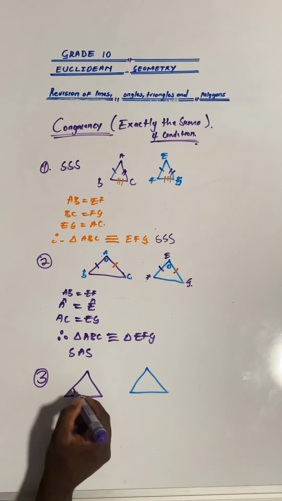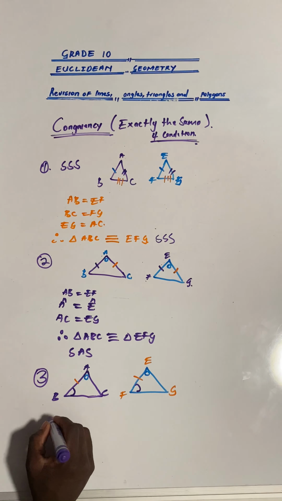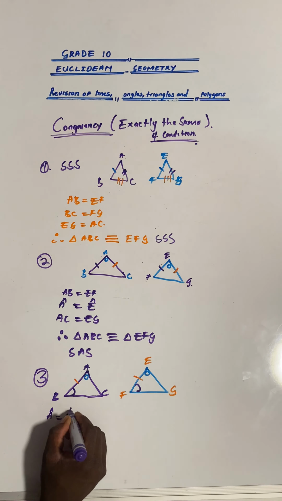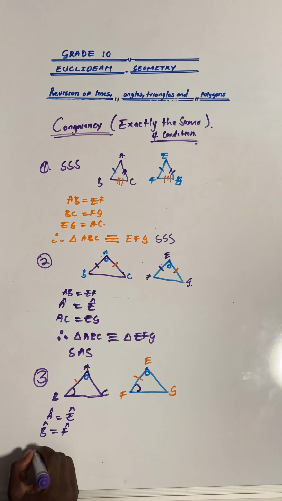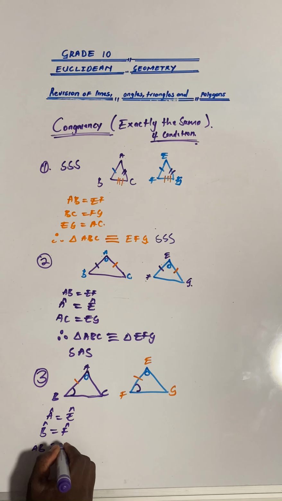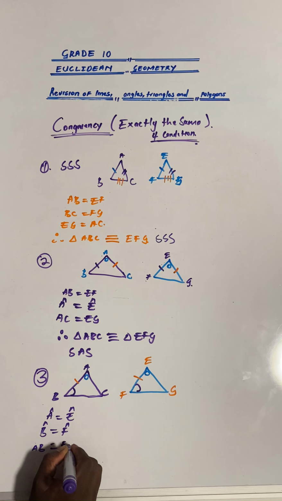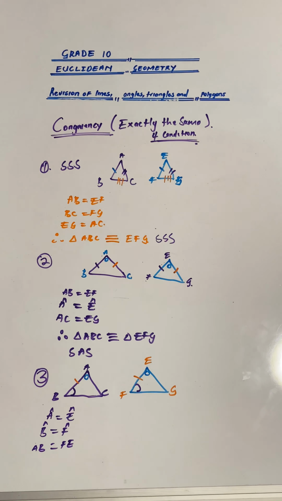You must have any two angles on one side being equal. So if you have that situation, therefore we say we have congruency. So angle A must be equals to angle E, angle B must be equals to angle F, and lastly, AB must be equals to what? FE, or EF, it's up to us.